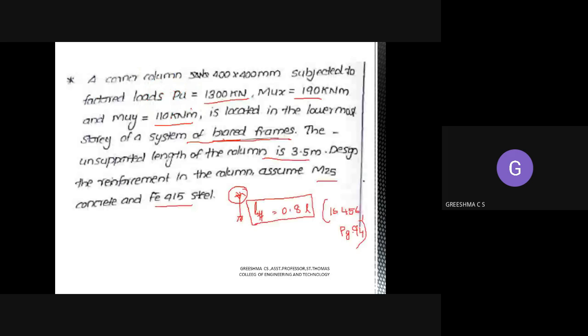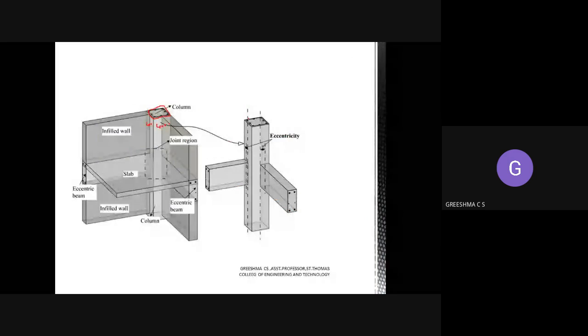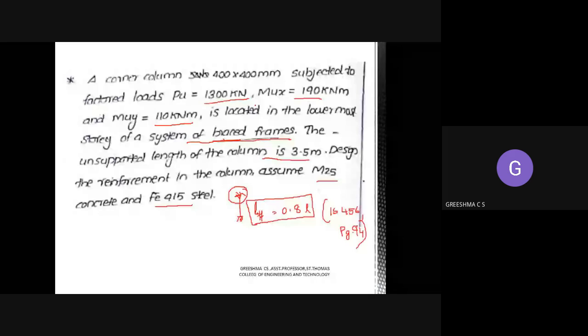This is the moment that is going to develop. Force will be applied at an eccentricity distance. So we know the moment, we know the axial load, we can find out the eccentricity.